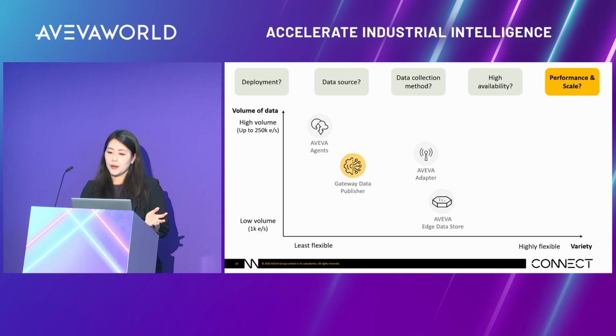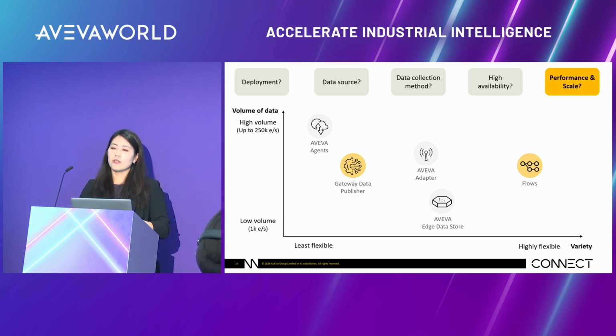But you can still read from a lot of different document management systems, so it has more variety than AVEVA agents do, just not as much as what adapters can support because you're calling from more variety of protocols.